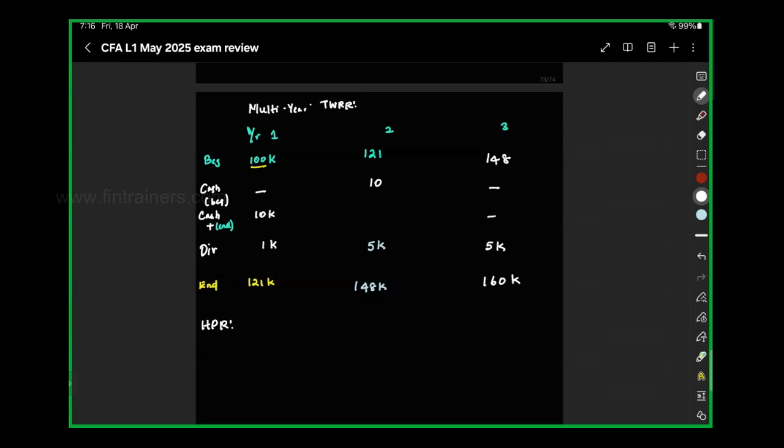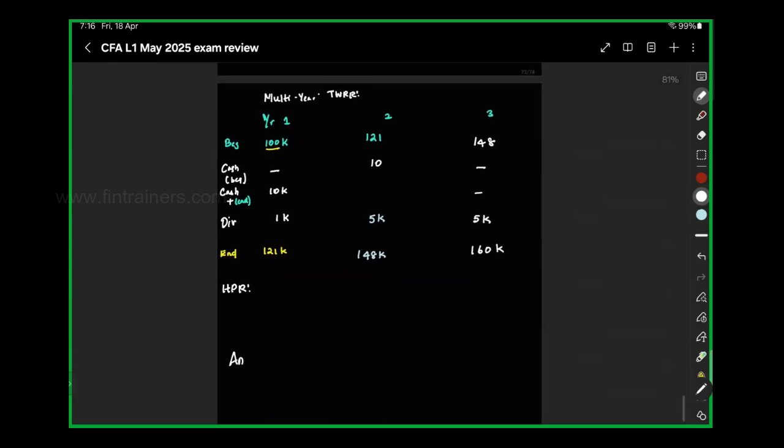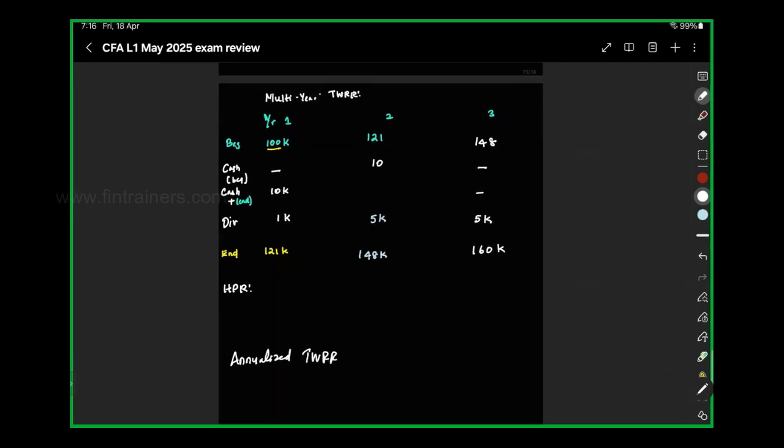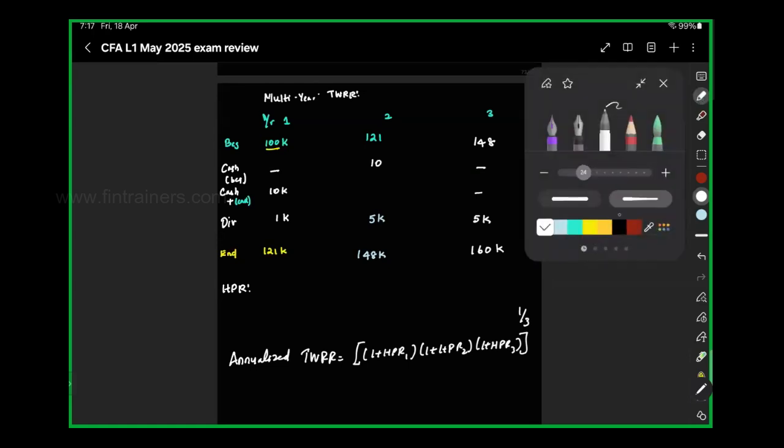And then finally, once you have those 3 HPR, your annualized time weighted rate of return is going to be 1 plus HPR1 multiplied by 1 plus HPR2, and so on. So this is 3 periods, so raised to the power 1 by 3 minus 1. That's your geometric return that we are doing there.